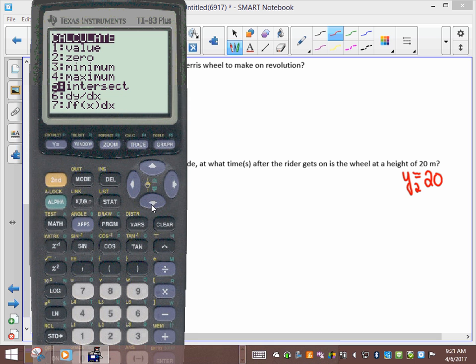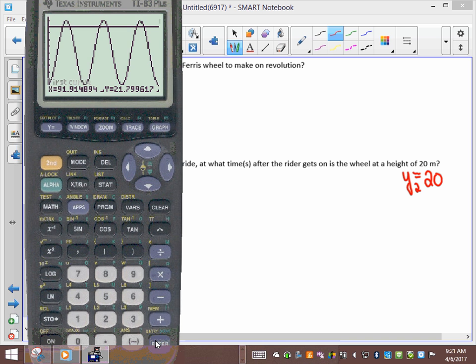Intersect. I hit number 5. And then we need to be near it. Now, pay attention. I didn't know this. For some reason, I was pretty slow in high school. I would hold this and be like, come on, why are you taking so long? I'd be so angry at myself, when really, you can be on either line.